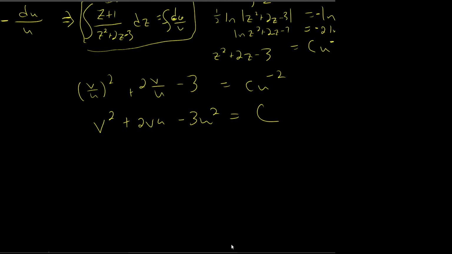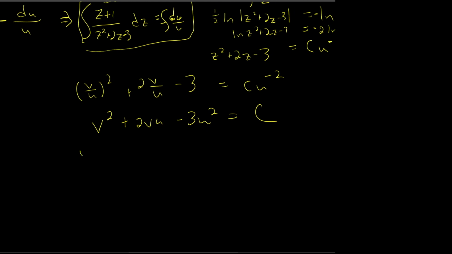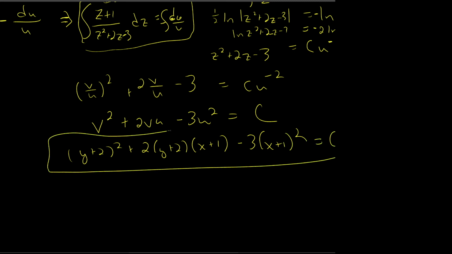If v is y plus 2, I get y plus 2 squared plus 2 times y plus 2 times x plus 1 minus 3 times x plus 1 squared equals c. And there's the solution to our differential equation. Yay! We did it.